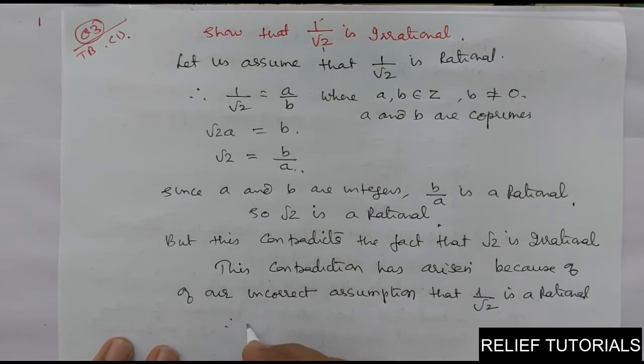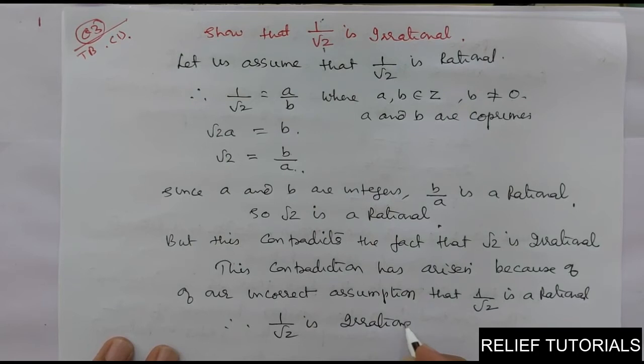So therefore we can say 1 upon root 2 is irrational. Same fact you have to explain, that's all.